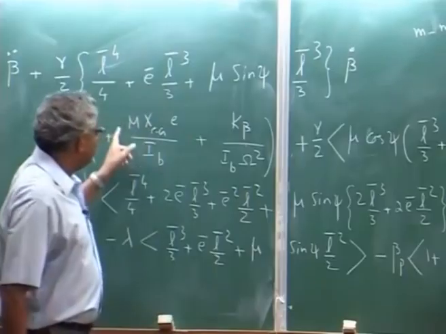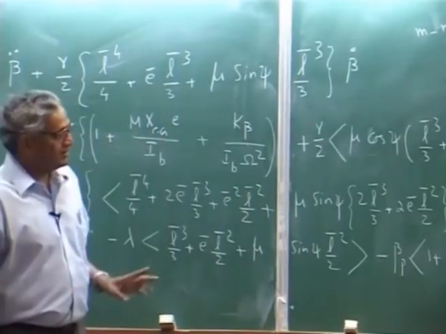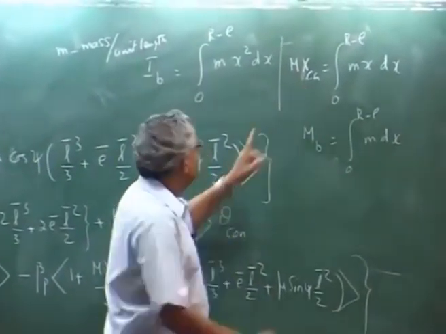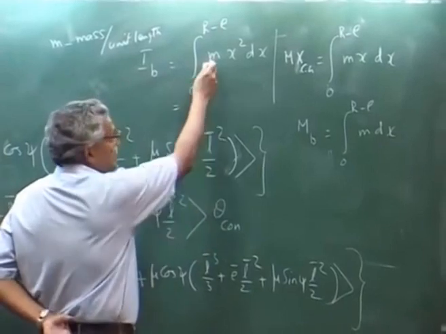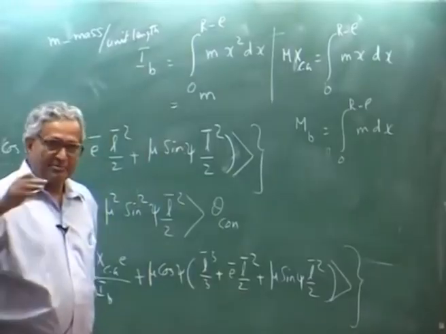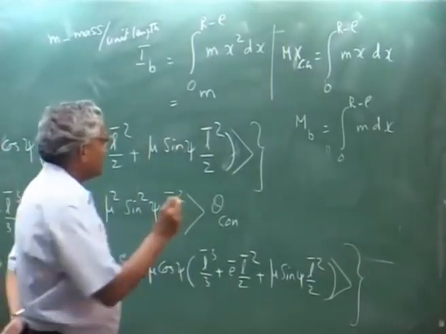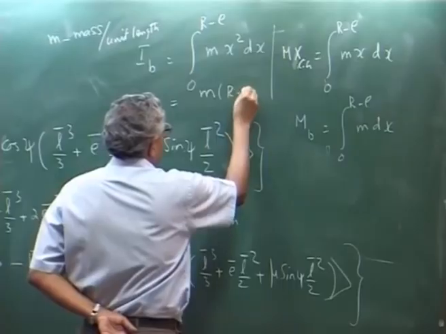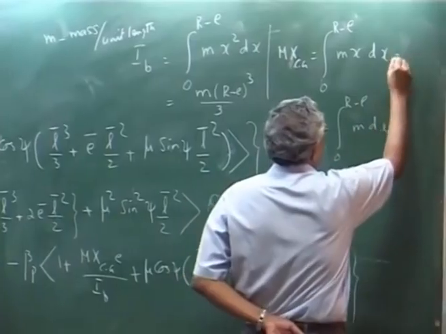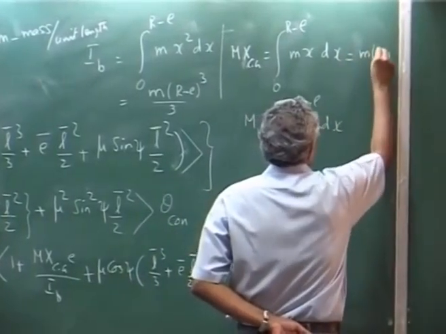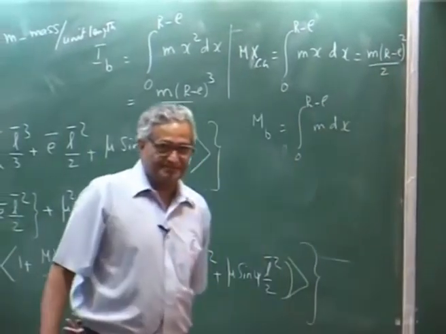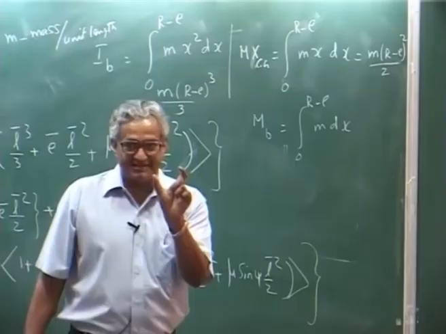If it is the uniform mass, if m is constant, this will be m r minus e whole cube over 3. This will become m r minus e square over 2, okay, if m is constant.